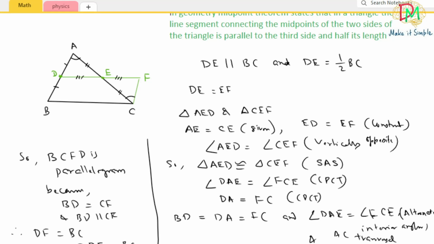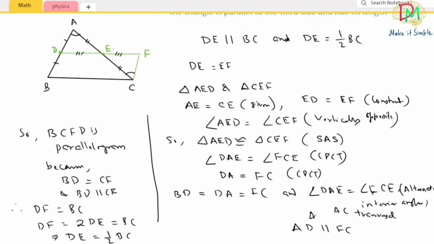So DE is equal to half of BC. And since BCFD is a parallelogram, we prove that DE is parallel to BC. So the midpoint theorem derivation is proved here.